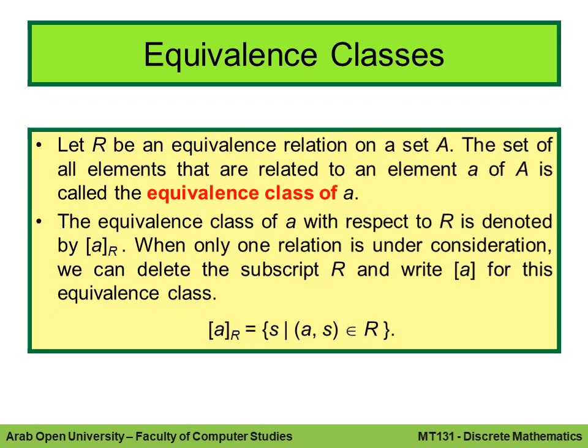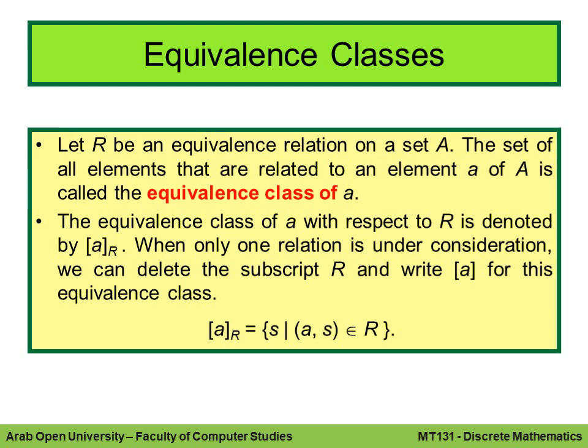Now the equivalence classes. Start with R being an equivalence relation on a set A. The set of all elements that are related to a is called the equivalence class of a. The equivalence classes will give us a partition. First of all, we write the class of a.